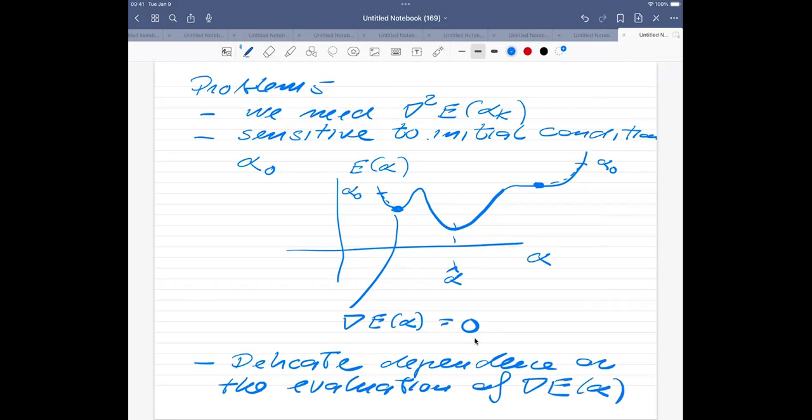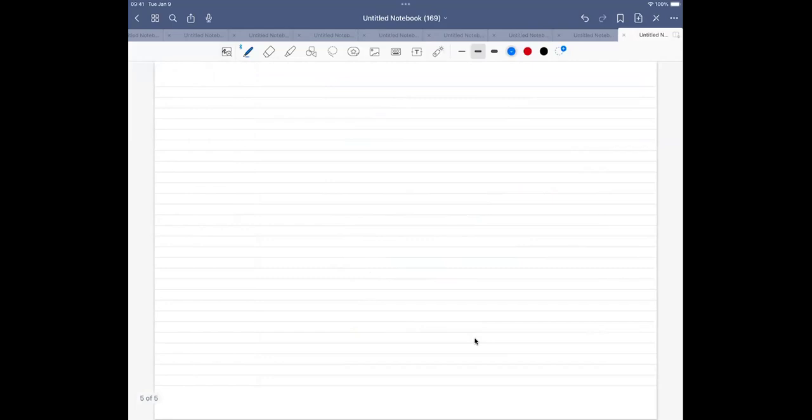But let me set up the kind of recipe which you would end up setting up. The first simple case is just plain gradient descent.